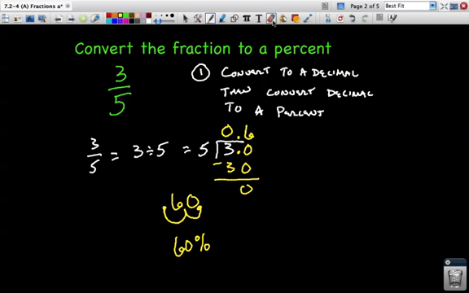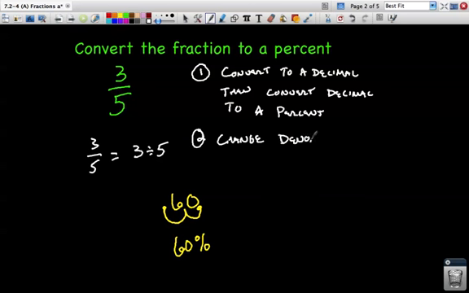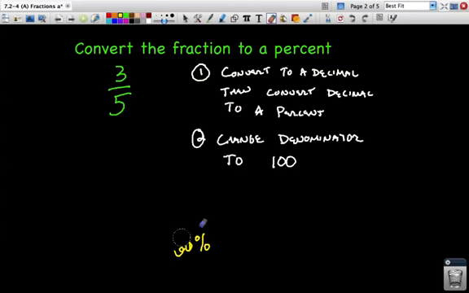Another way that we could have done this is we can change the denominator of the fraction to 100 if possible. Whatever your numerator then is going to be your percentage.